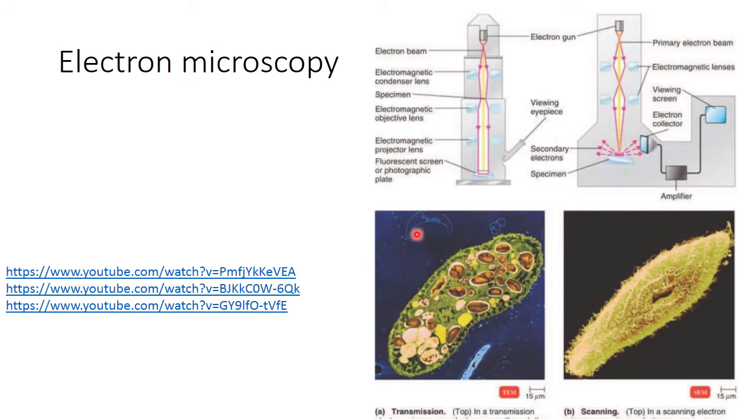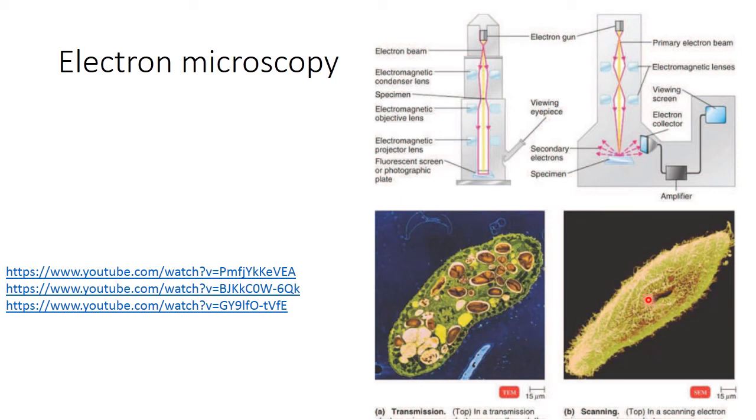Here in this picture from the book, you can compare the images which are produced through transmission electron microscope and scanning electron microscope. You can see here that the section is thin. It produces a two-dimensional image of the specimen, and therefore we are looking at a certain plane and it provides information about the internal structures as well.